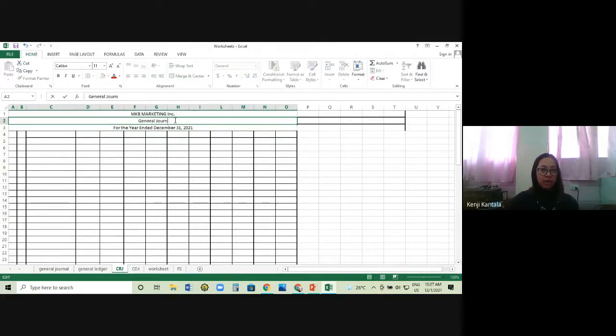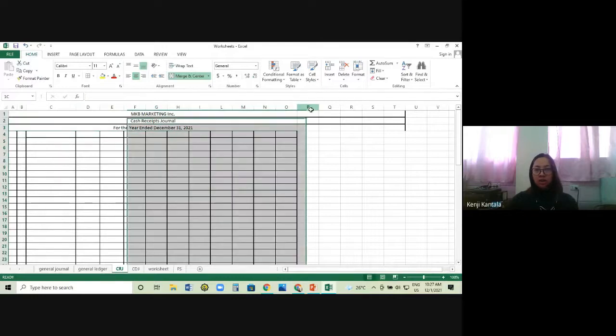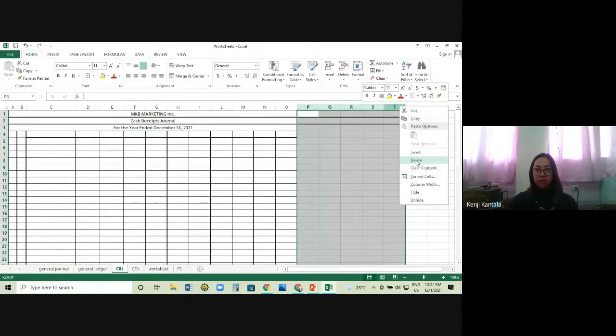So, ito, palitan lang natin ng cash receipts journal. Okay? So, we have there your cash receipts journal.